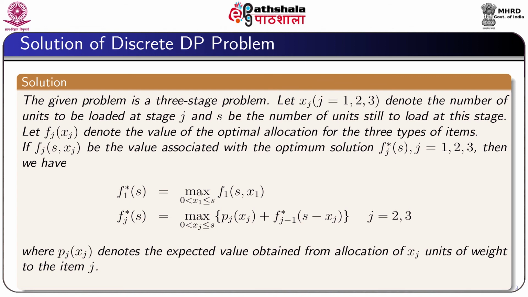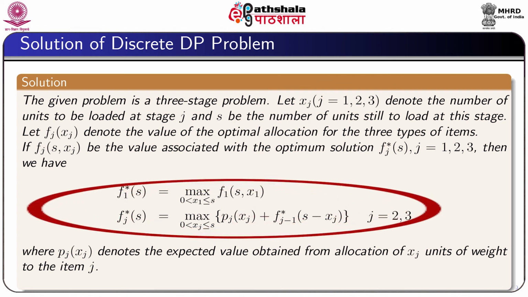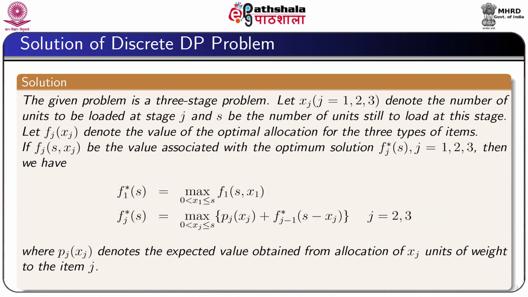Let fj(xj) denote the value of the optimal allocation for the 3 types of items, and if fj(s, xj) be the value associated with the optimum solution fj star(s), then we have the recursive equation. f1 star is equal to maximum of f1(s, x1), where x1 takes values 0 ≤ x1 ≤ s, and fj star is equal to maximum of pj(xj) plus f(j-1)(s - xj) for j equal to 2 and 3.